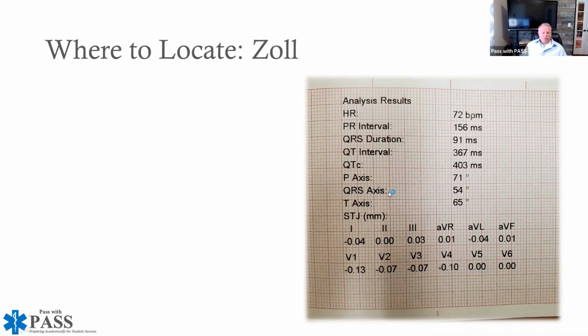So if you guys are able to see that QRS 54 and then the degree symbol, that tells me that this patient has a QRS axis of 54. And remember that if it falls between -30 all the way up to a +90, that is normal. So as I see that, 54 tells me that this is a normal axis. This patient has a left axis, which is a completely normal finding.